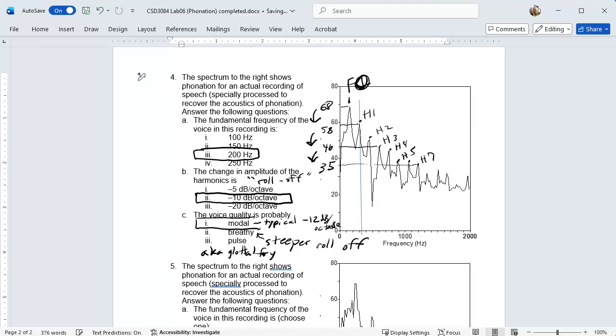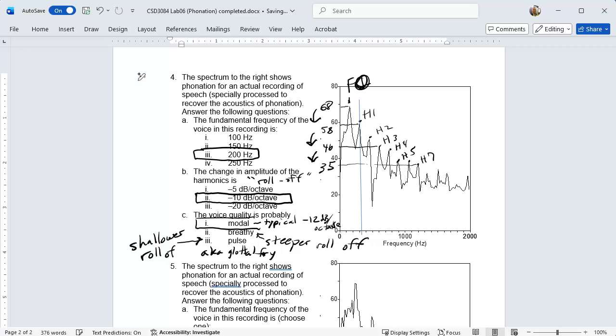I have this pattern. One thing that pulse voice quality does is reduce the air pressure you need to make phonation happen a little bit, because you're tightening up the vocal folds in a way, making a thinner edge that vibrates to give you your frequency. That increases the amplitude of the higher frequency components, so that ends up giving me a shallower roll-off in general.